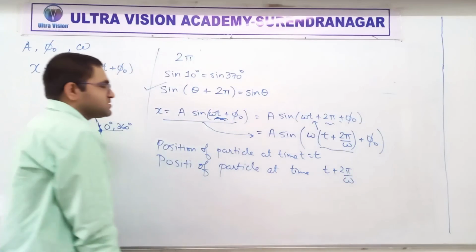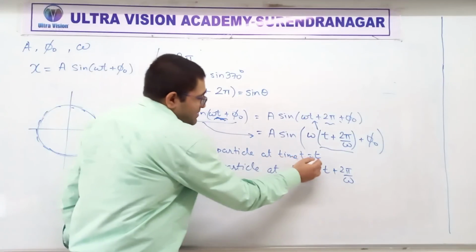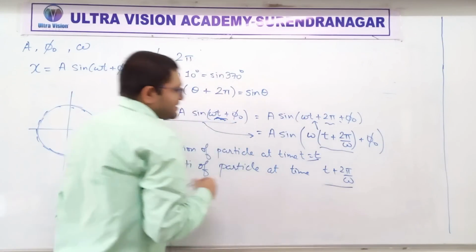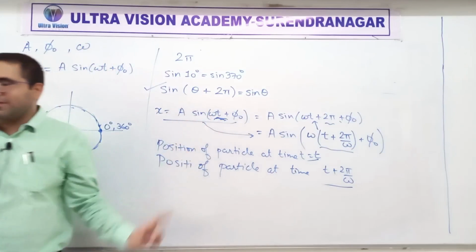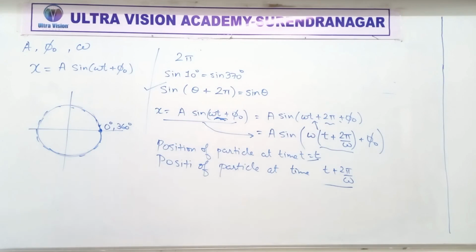Did you understand this? Whether you are doing it at time t or you are doing it at t plus 2 pi by omega, the value of x is equal. Yes or no? Is that clear?